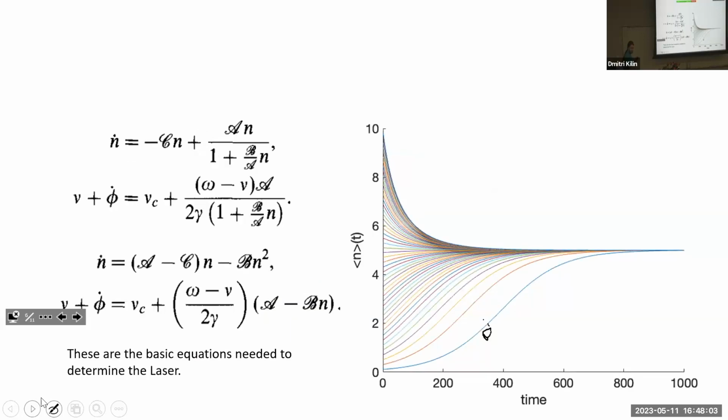The calligraphic E, the electric field amplitude squared, is proportional to the number of quanta. Then one can convert these equations into terms of the number of quanta in the mode of the field. That taught us how to do.